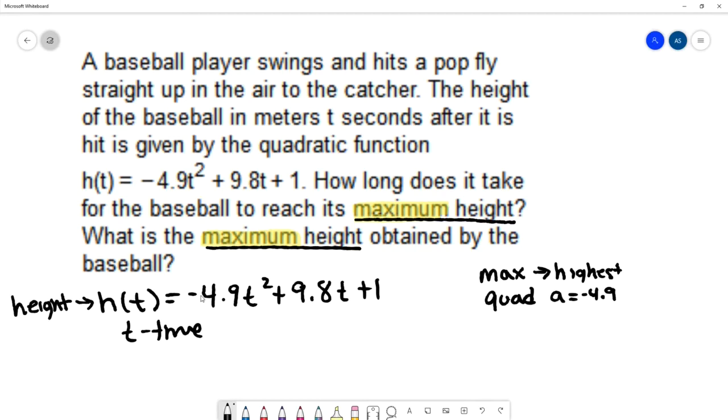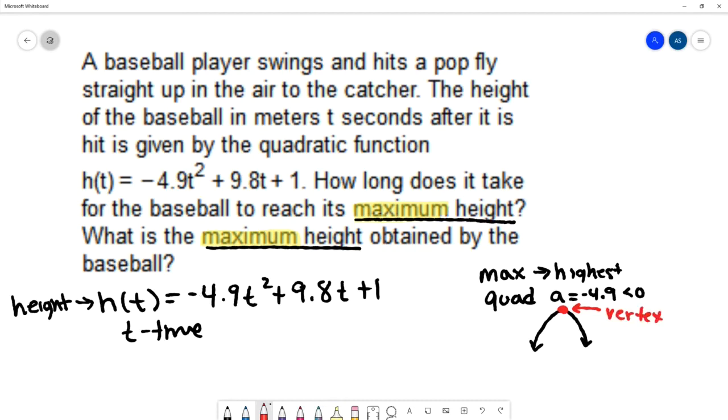So because our A is negative, less than 0, we know that we have a parabola that looks like this. And remember, we want to find the highest or the maximum. In that picture, the highest is going to be right here at the vertex.